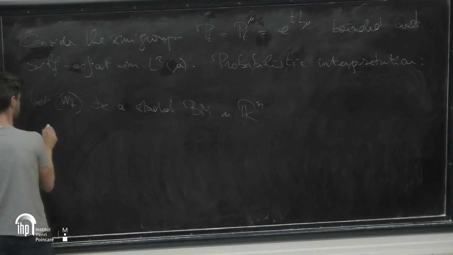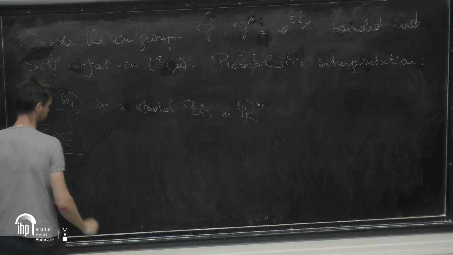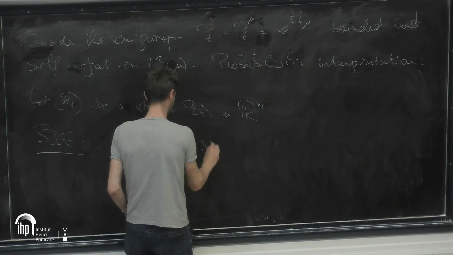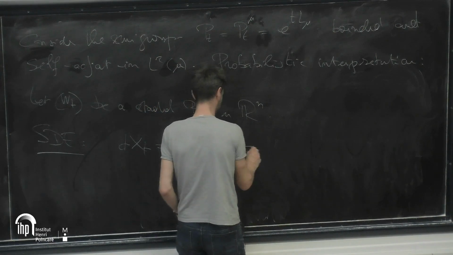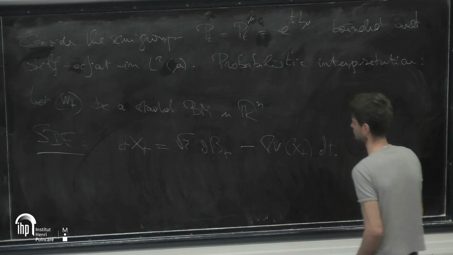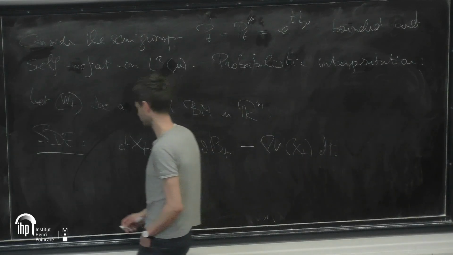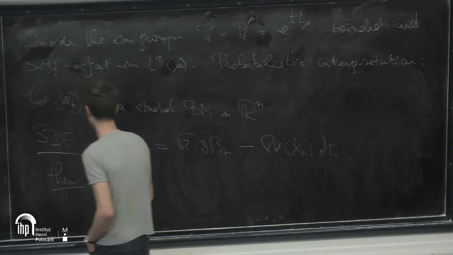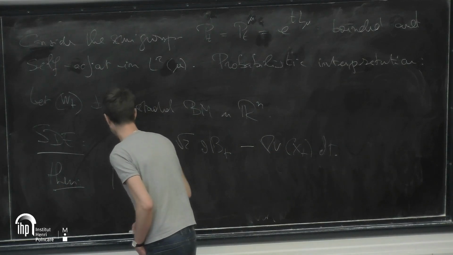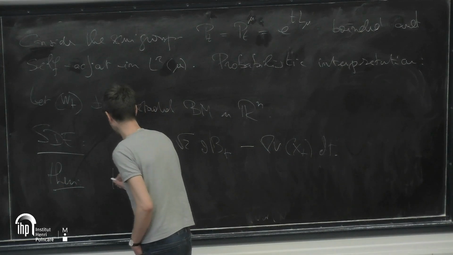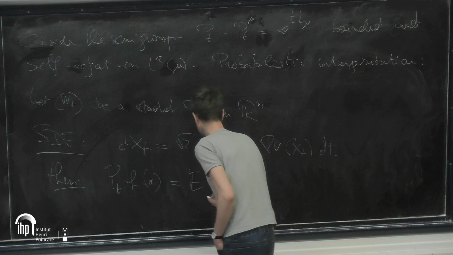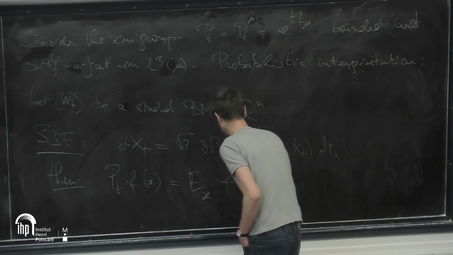and consider the stochastic differential equation dXt equals square root 2 dBt minus grad V at Xt dt. And then the link between this object and this semigroup is just that for any test function f, Ptf of x is the expectation, starting from x, of f at point Xt.